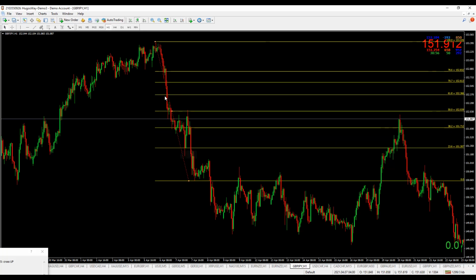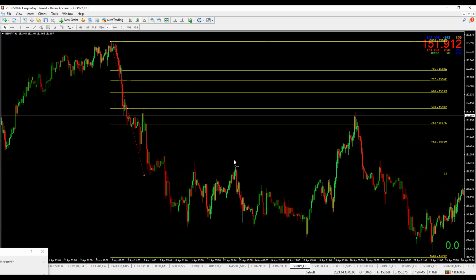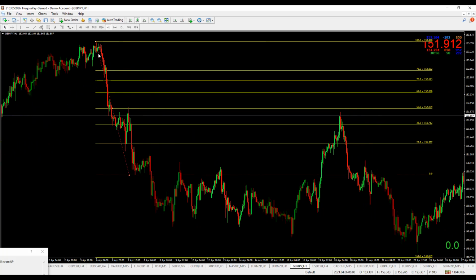We would only use the Fibonacci when we see the price pulling back. And on this occasion, we see that it pulled back, but it did not even really get to the 23.6. Well, I would suggest perhaps that is not what could have been done. Okay, let's try something else.